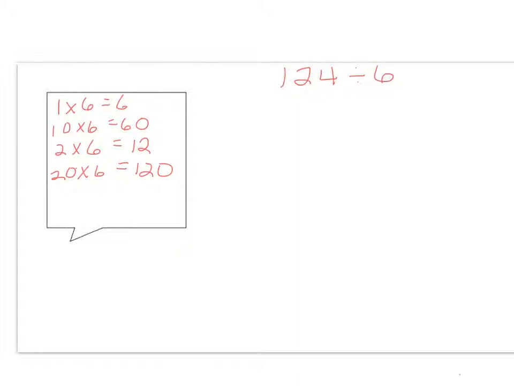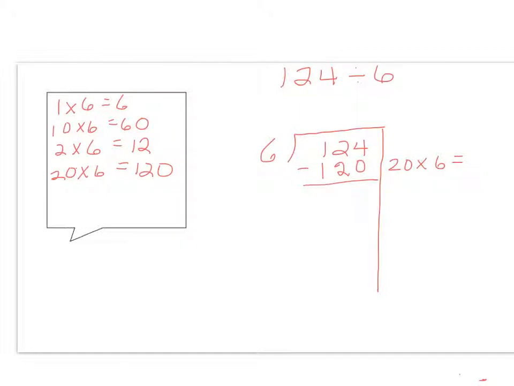So I'm going to use the facts that I've written, and I'm going to come over here and do 6 divided into 124. And as we can see by looking in our think bubble, that 20 groups of 6 is equal to 120. And 124 minus 120 leaves me with 4.